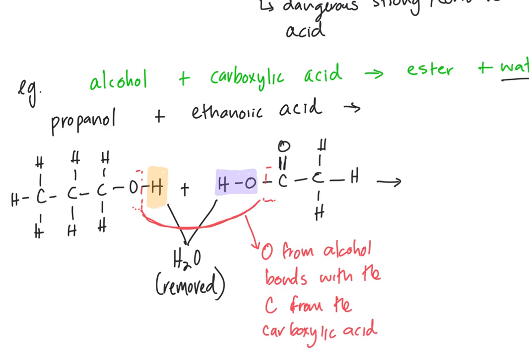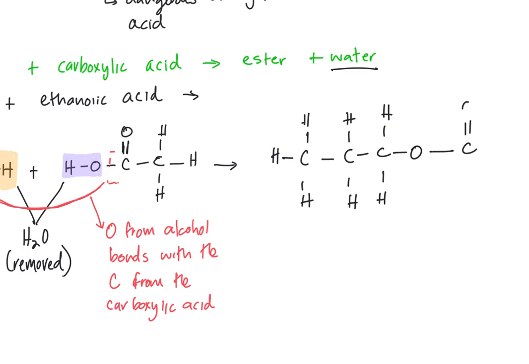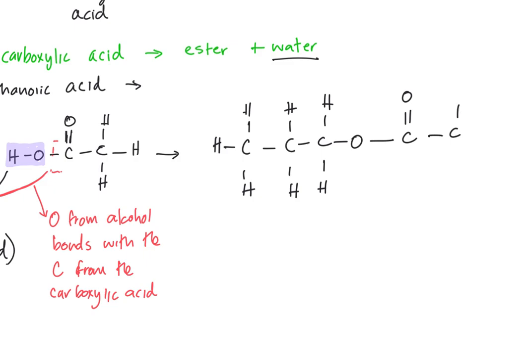Now when I want to draw out my ester, I'll draw out my carbons for my alcohol. Remember that the alcohol is still holding on to its oxygen. That oxygen then bonds with the carbon from the carboxylic acid, and it keeps everything else that it has.